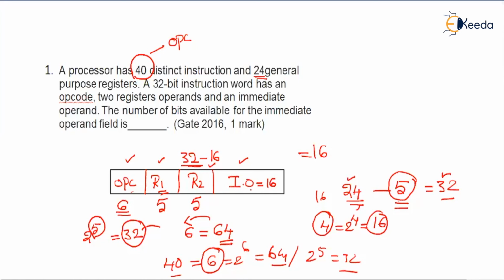For the immediate operand field, I use the remaining bits after subtracting the bits required for each field from the total of 32. So the number of bits for the immediate operand is equal to 16.